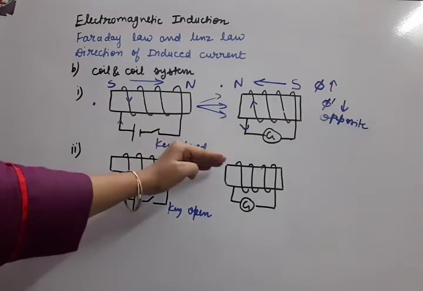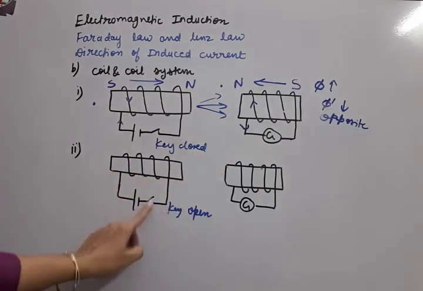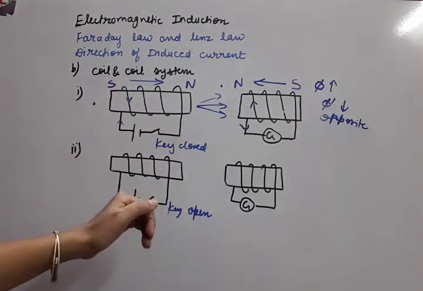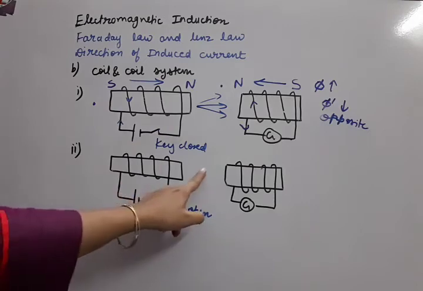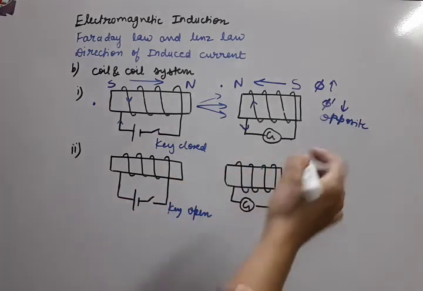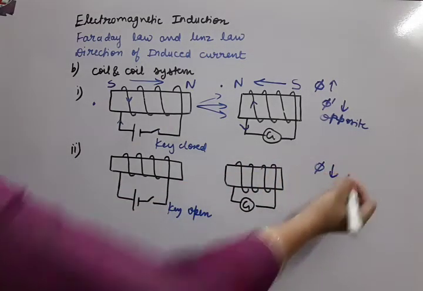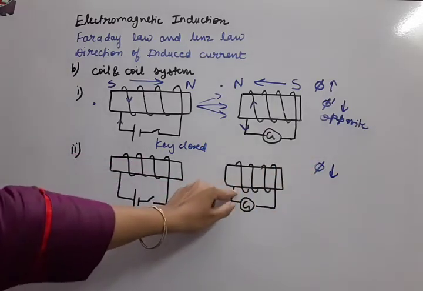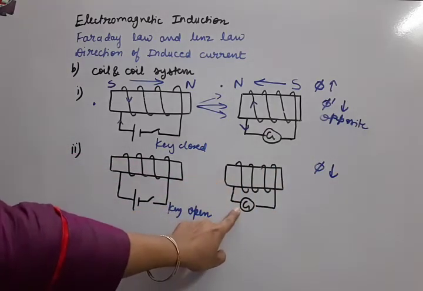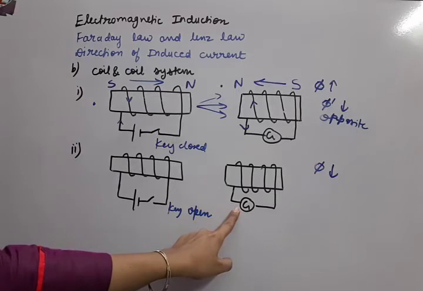Earlier there were full magnetic field lines entering, but now the key is open, so the current will drastically reduce. That's why the magnetic field lines here will reduce. So the magnetic flux is decreasing, and due to that, induced current will start flowing here due to Faraday's law.